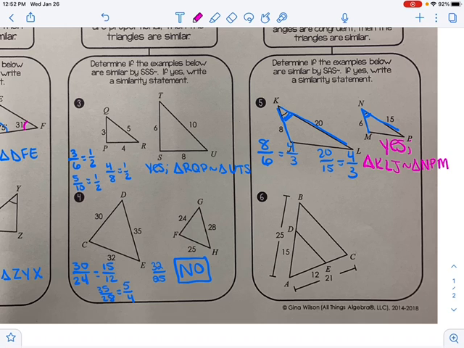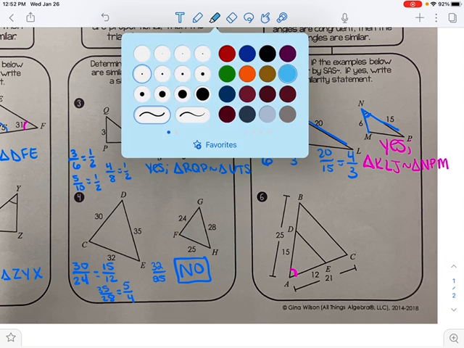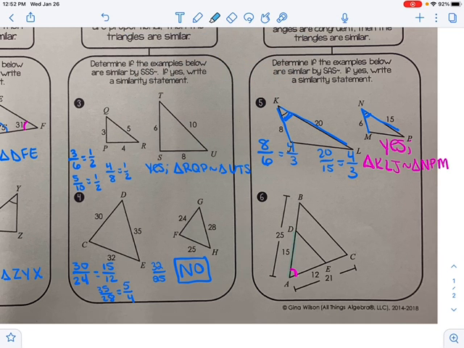I see labeled sides, but I don't see any angles. However, I do see that both triangles share angle A because, here, that's actually a highlight. We have this triangle that I'm highlighting in a light blue, and that uses angle A. And then the triangle I'm doing in green also uses angle A. So if you wanted to, you could redraw them.